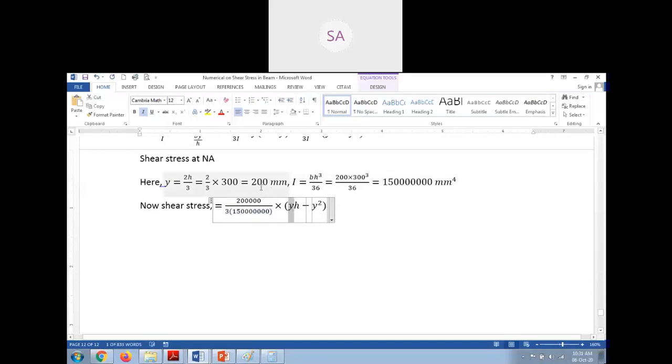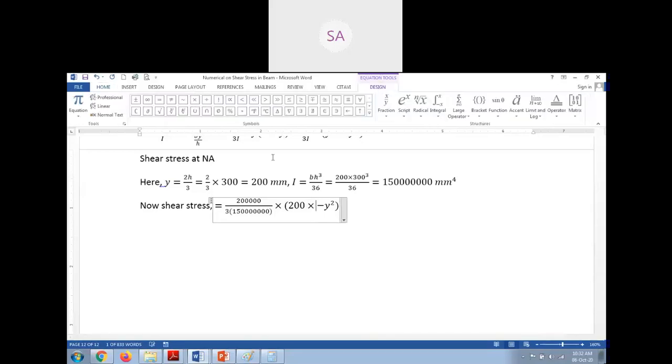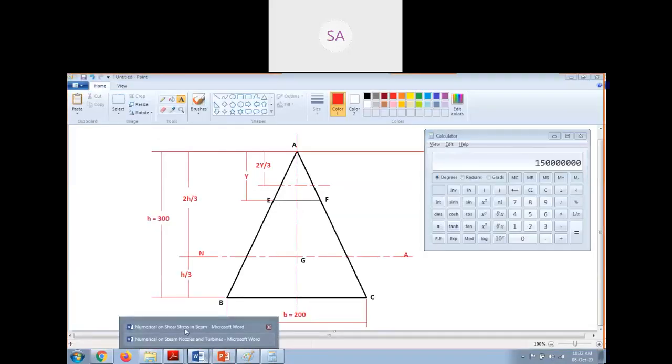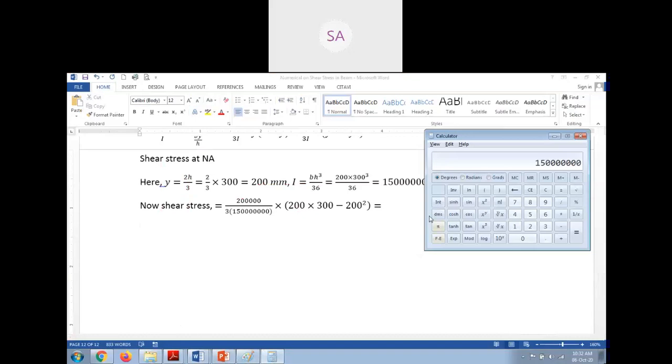Y is 200 millimeter, so 200 into h is 300 into y is again 200 square. So this is equal to, let me calculate.